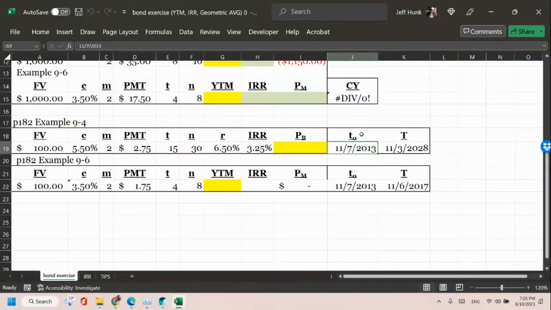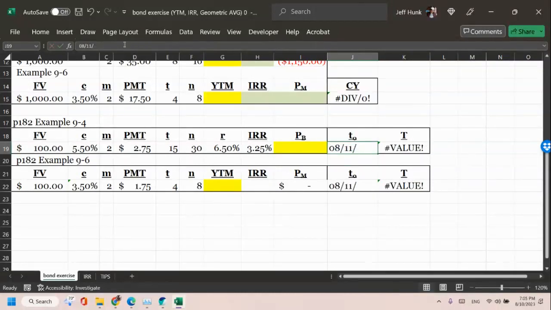Anyway, so enter today's date, which is 08/11. You don't have to enter 2023, because by default Excel will pick today's date, which is 2023.